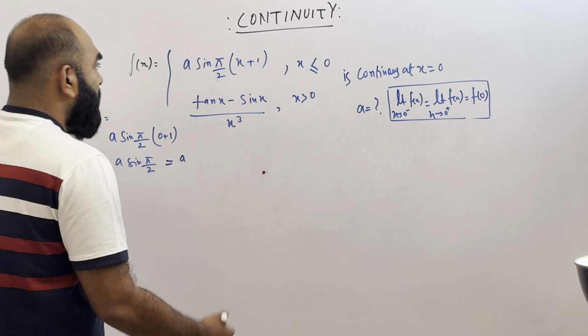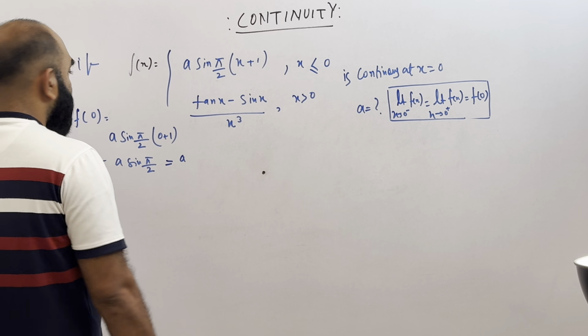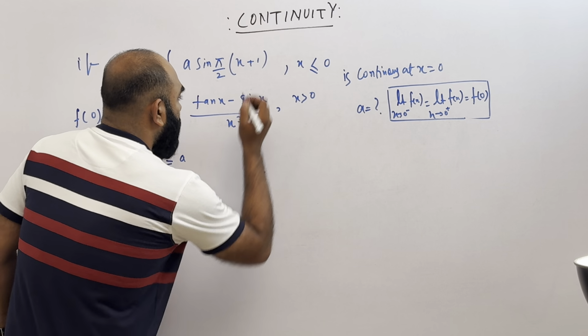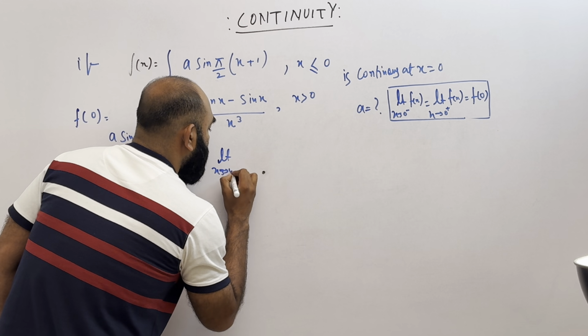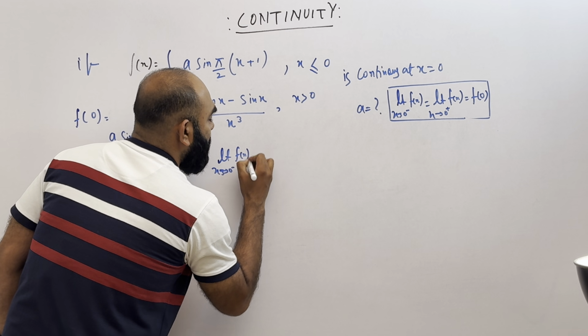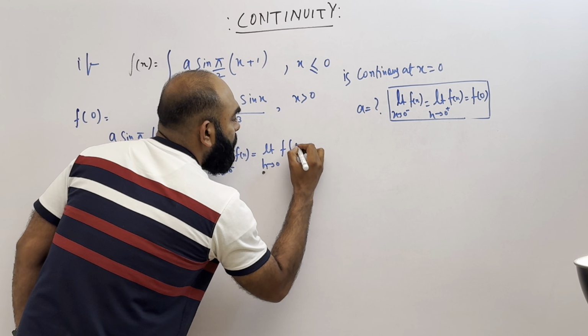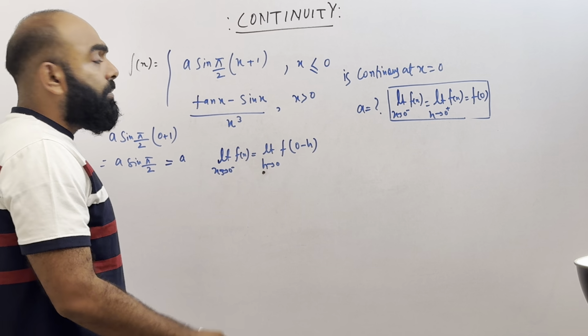Now what I will do? Sir, go for the limit. Now f of 0 I found. Next one, let's go for limit x tends to 0 minus f of x, which is equal to limit h tends to 0 f of 0 minus h. In this way I will write in the board examination.